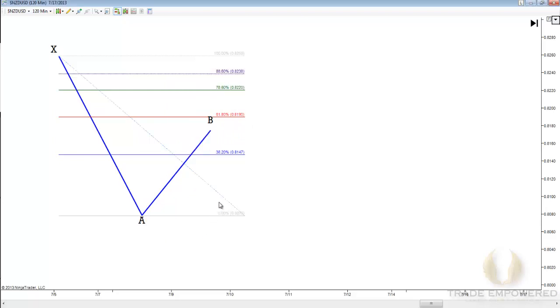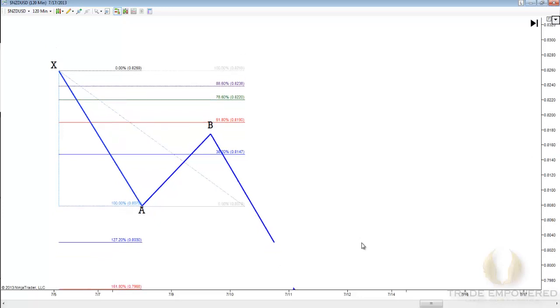After I've identified a valid B leg, I am then going to take my Fibonacci extension tool from my X leg down to my A leg and back up, and I'm going to look for my 127 Fibonacci extension in order to get a valid C leg. Again, in order for the C leg to be valid, the wick of price action must at least penetrate and touch this 127 Fibonacci extension taken from my X to A move.